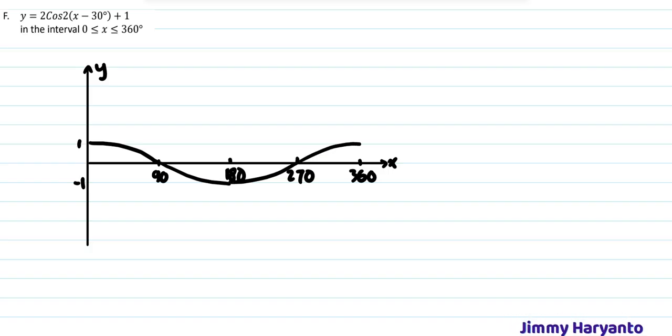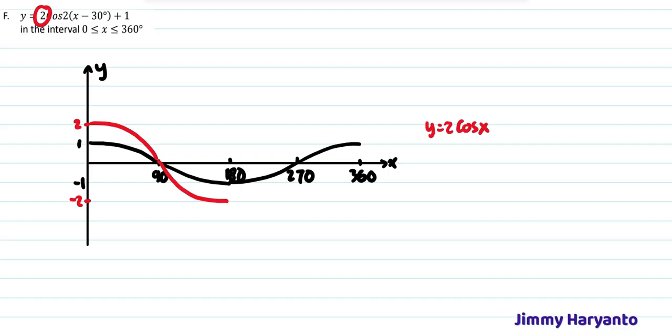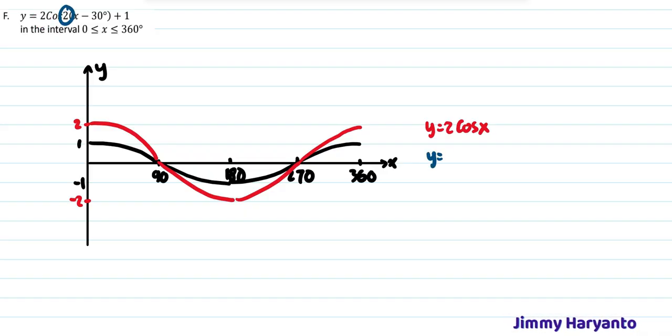Okay, and then I will do this one first, which is 2. So y equals 2 cos x. That means the amplitude will become 2 and negative 2 at the bottom part, like this, and like that.